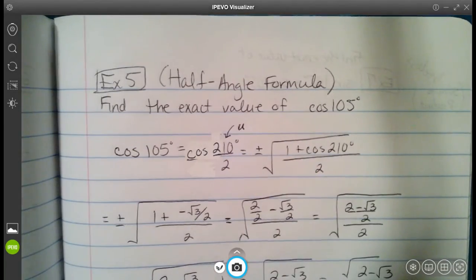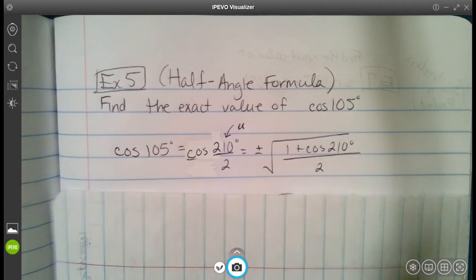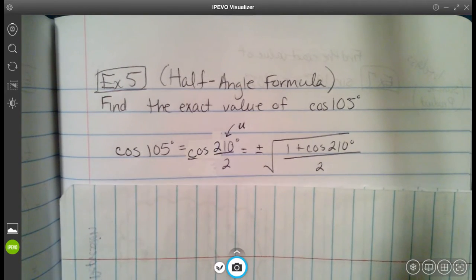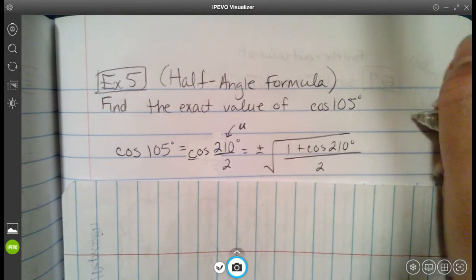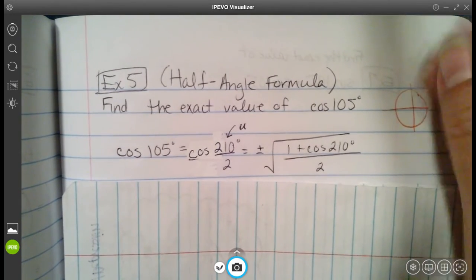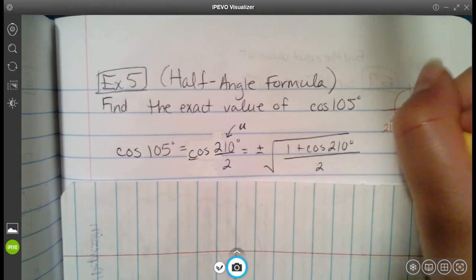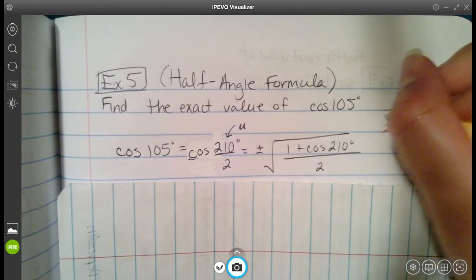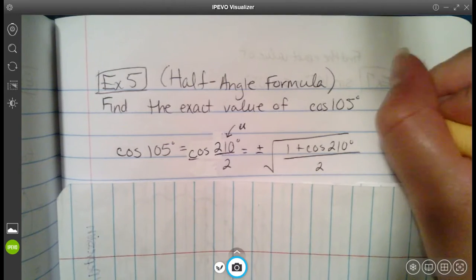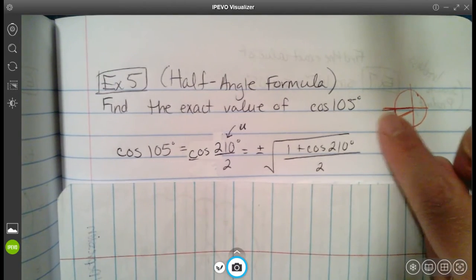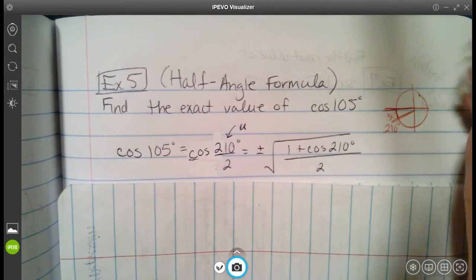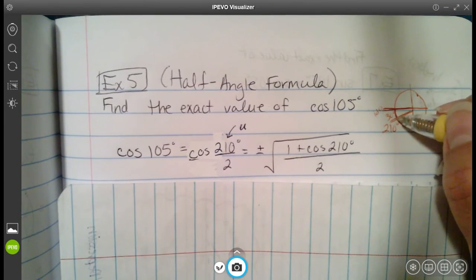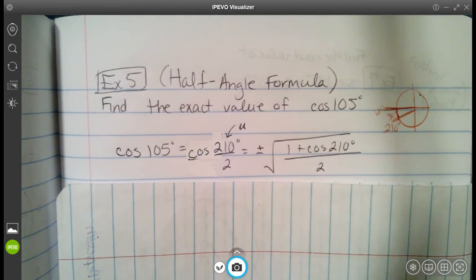Okay, so why am I using 210? Why is that one important? Well, because if you think about it in our unit circle, and again, this part you do not have to do, but if you think of our unit circle, 210 is over here somewhere. And it happens to be 30 degrees away from the horizontal line, right? This is 180. So it's one of the important points that we have coordinates for.